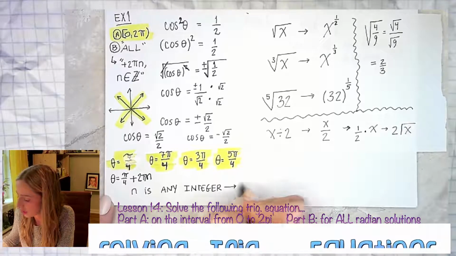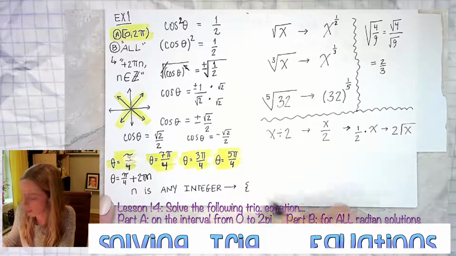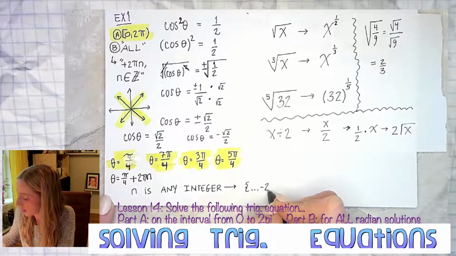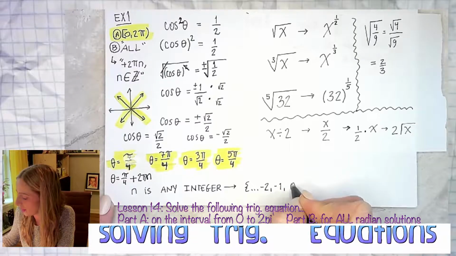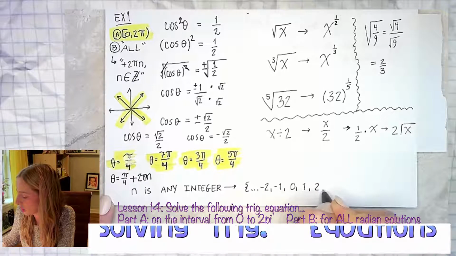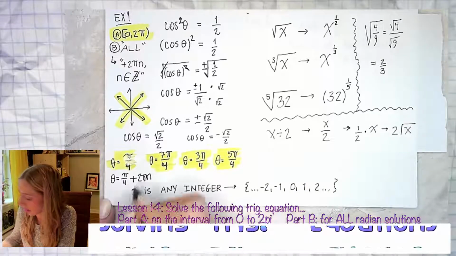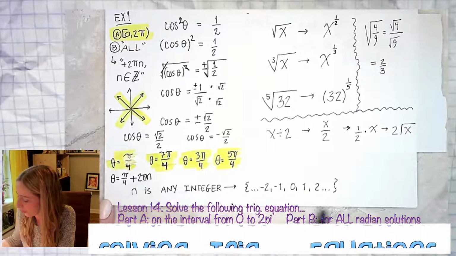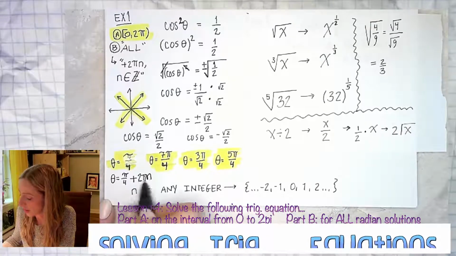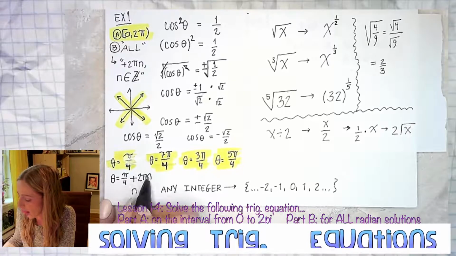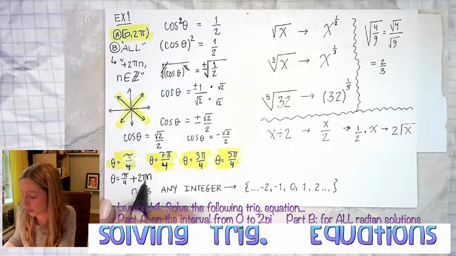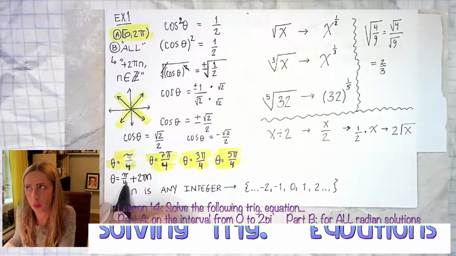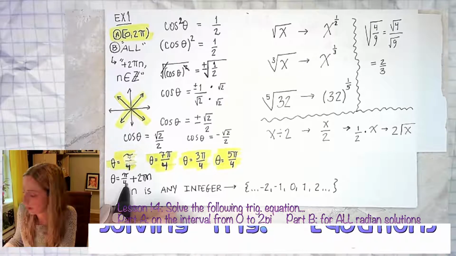And what are the integers? I'm just going to draw a little set notation, dot, dot, dot. Numbers like -2, -1, 0, 1, 2, dot, dot, dot. So if I fill in a 2 right there, 2 times 2 pi is 4 pi. 4 pi is the same as 8 pi over 4, plus pi over 4 will give me 9 pi over 4.